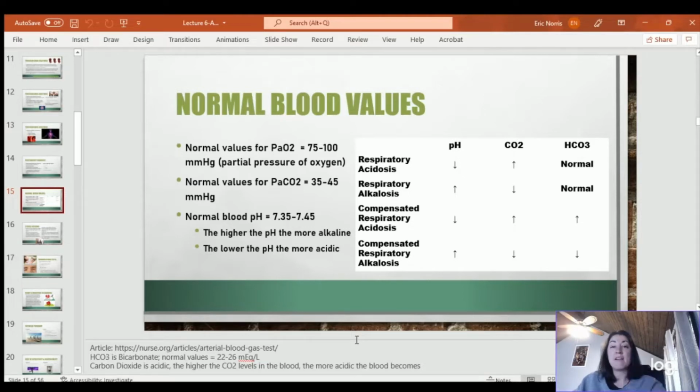Now, if you have it consistently over time, let's say you have a respiratory disease like COPD or asthma, emphysema, and your blood pH is off continuously, chronically, then your body will start to compensate. And so it will release bicarbonate as needed, either more or less, in order to rebalance the blood pH.